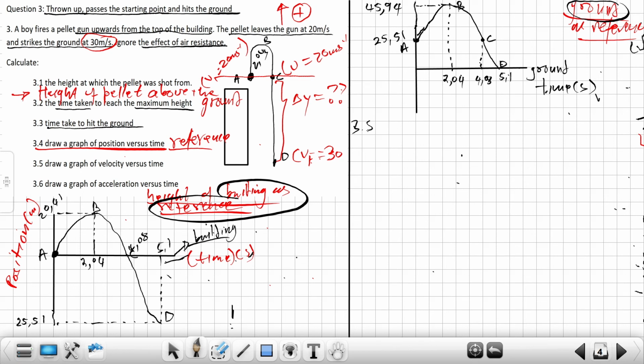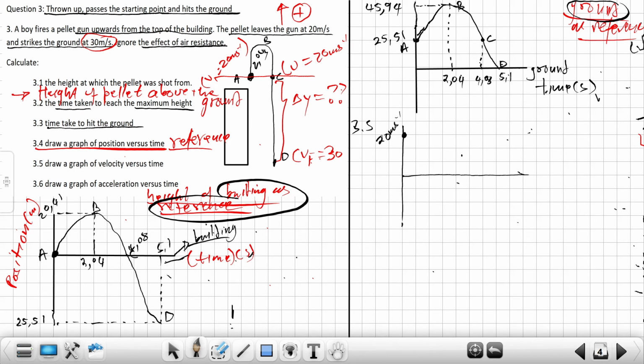they are saying now draw a graph of velocity versus time. So with velocity versus time, it will be easy to do because all the values of velocity versus time were given. So I knew that it started now with a velocity of 20 meters per second.